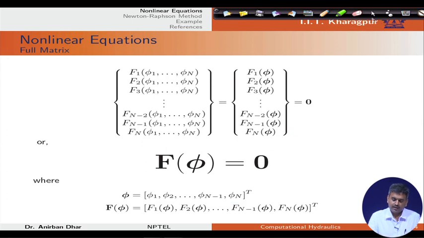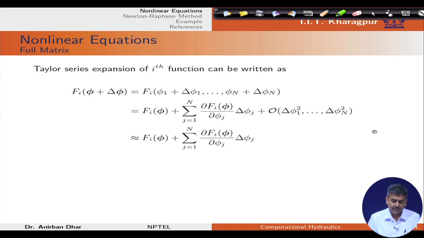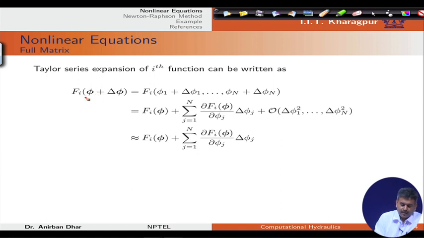Now, let us see how to use our Taylor series expansion of the ith function. Let us say f_i is any arbitrary function. To represent that, we have f(phi plus del phi), where phi and del phi are both vectors.